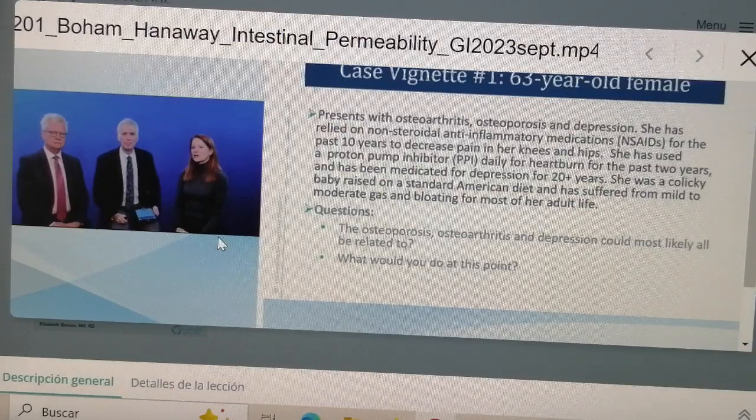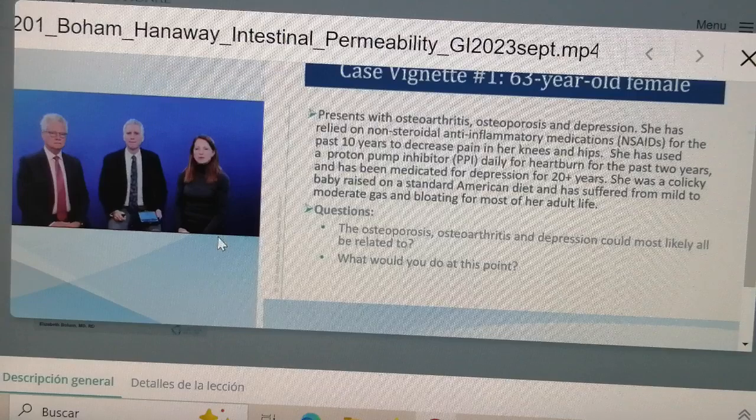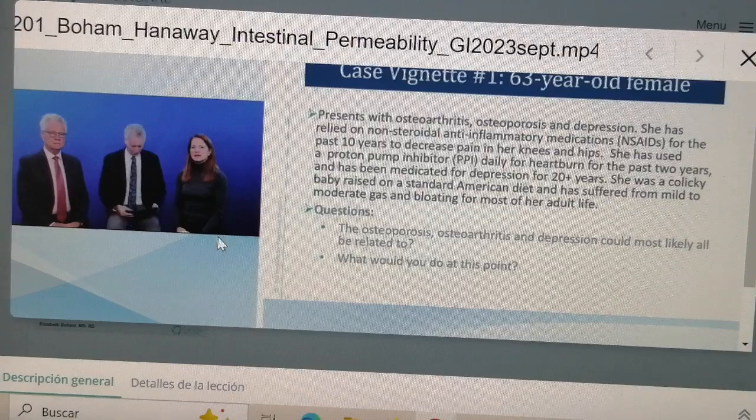They're all inflammatory processes, so they could all be related to increased intestinal permeability. And the NSAIDs and the PPI could contribute to increased intestinal permeability as well. One of the things I'm thinking about is how can we lower inflammation in her body right away?